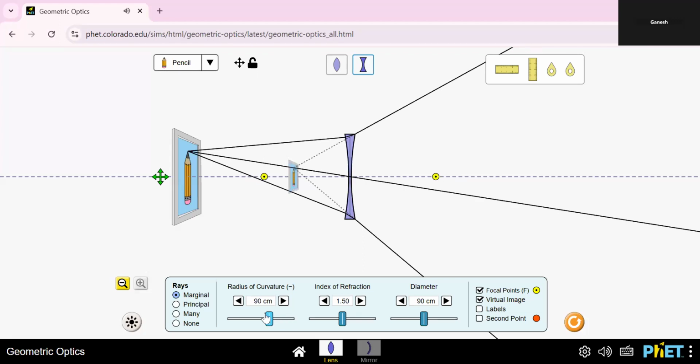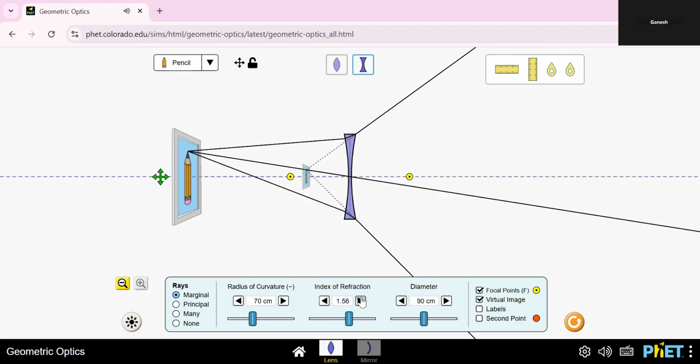When I decrease the radius of curvature, the image is near to the lens. The refraction also differs. When the refraction is adjusted, the size of the image is very small. When the index of refraction is higher in the concave lens, the size is very small.